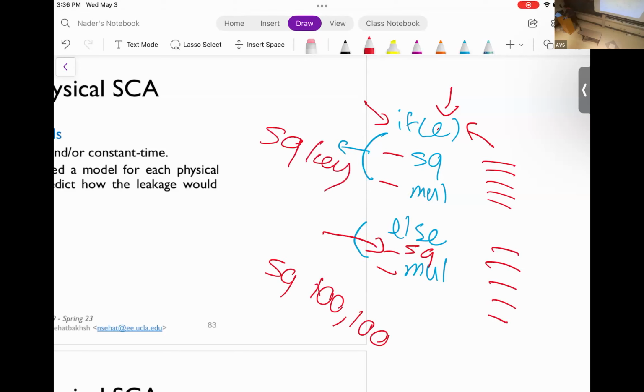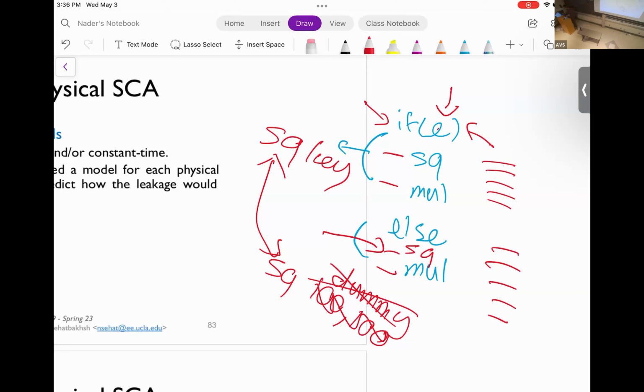So I'm just using a dummy value, squaring it, and then ignoring the value, right? In terms of circuit activity, in terms of switching activity, these are the same thing. But in terms of the actual values and the way that they propagate through software, I can just ignore this value. So I'm going to create a dummy value, square it, and multiply it regardless of E. I'm just going to pick one of those two, right? We call it predicated computation or oblivious computation, okay? So I can add these instructions to make sure that it's always constant.